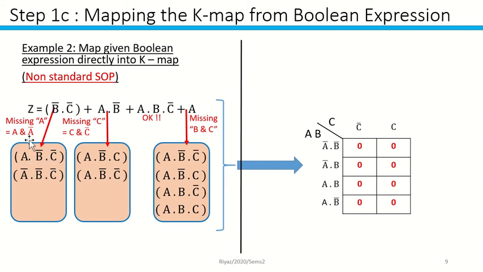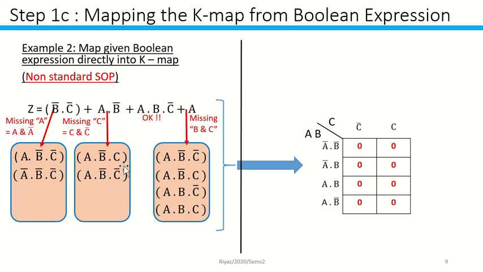And second possible is A bar dot B bar dot C bar. When the A is missing because of the simplification, you need to have 2 possibilities, A and A bar. For this part, you are missing the C. So if you see over here, A B bar dot C, A B bar dot C bar.